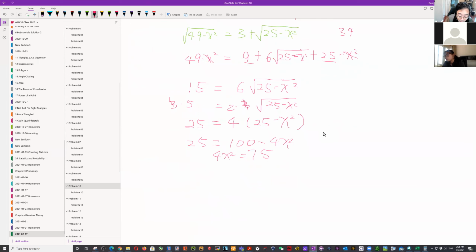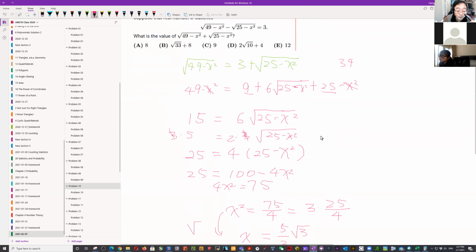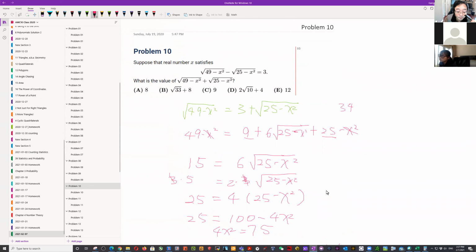So x squared equals 75 over 4, equal to 3 multiplied by 25 over 4. Then we take the square root. So this step we are taking the square root, and we get square root of 3 times 5 over 2. So basically, we will be able to do it this way.